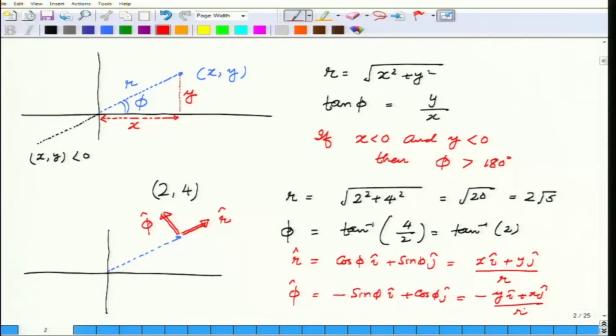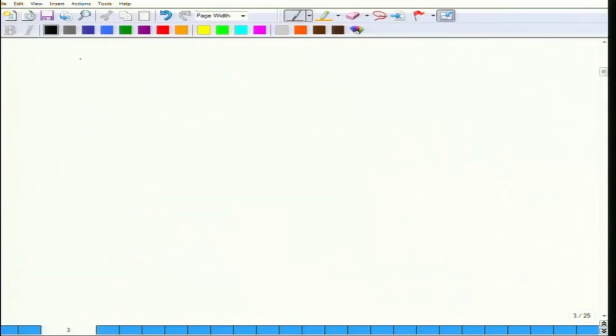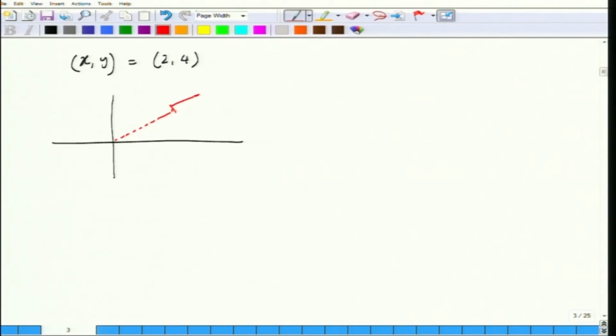And therefore, when I write for x, y equals 2, 4 the corresponding unit vectors at that position, I'll again make it, and here is the r unit vector and here is the phi unit vector.